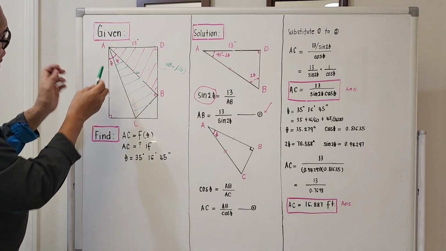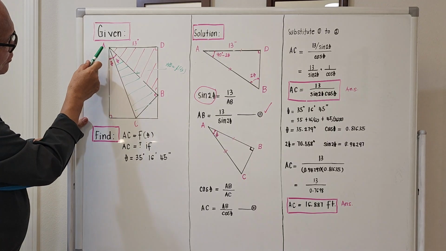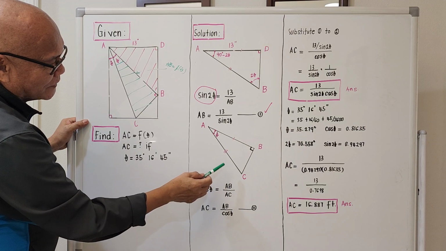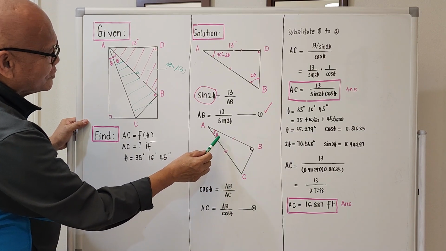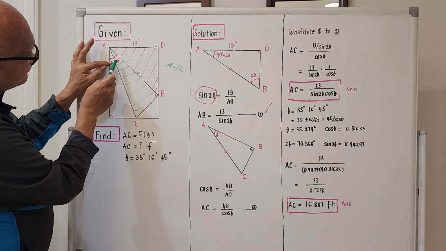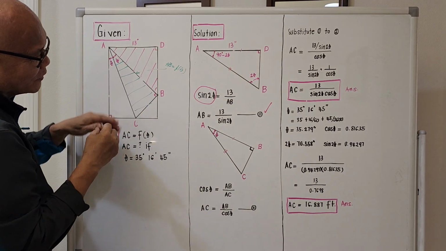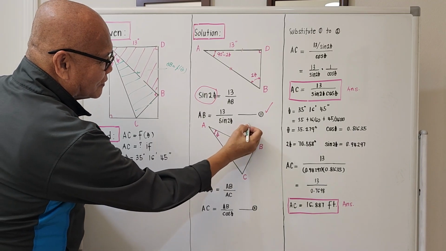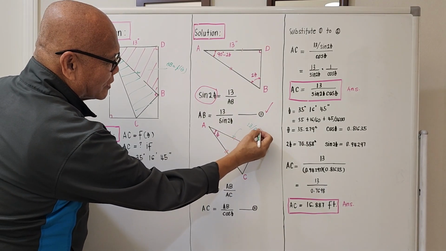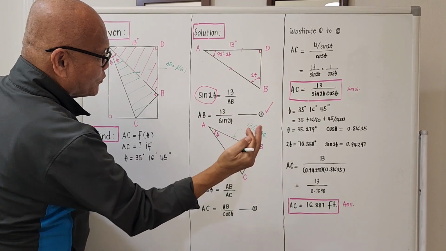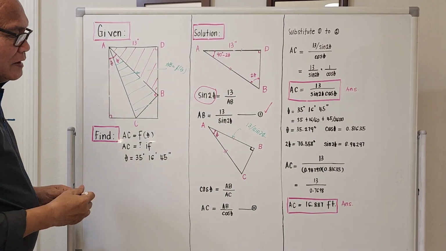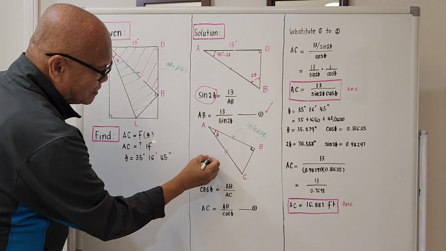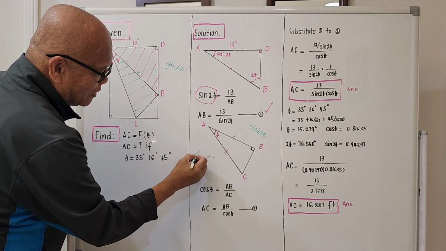Now the right triangle designated by ABC is this. This is angle theta. AB is 13 over sine of 2 theta, as computed from the first right triangle. And the requirement of the problem is the length of AC, the length of this. What will AC be equal to?